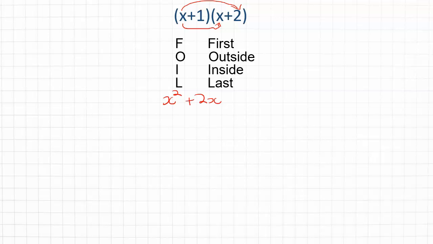I stands for the inside terms, 1 and x being the inside terms, which is x when multiplied, and L stands for the last terms, so 1 and 2, which is 1 times 2 is 2. We get x squared plus 2x plus x plus 2. x plus 2x is 3x, so we get x squared plus 3x plus 2.